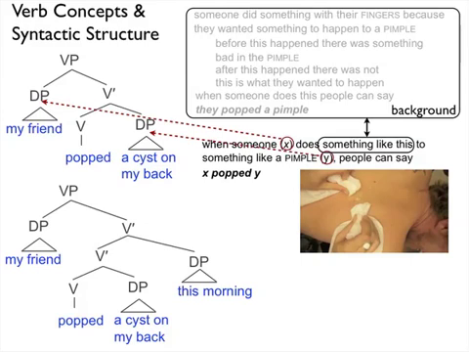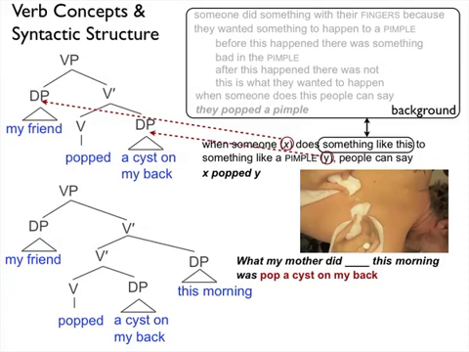Okay, so we can add things like adjuncts to this, but that wouldn't be part of the meaning. So we could do things like this morning, and we know what things are the arguments by the tests that we use. The pseudo-cleft test is very good for discriminating what are arguments. What my mother did this morning was pop a cyst on my back. That's fine, right?